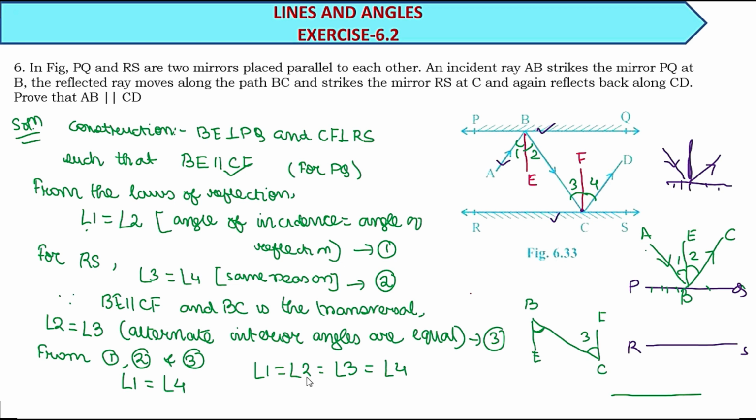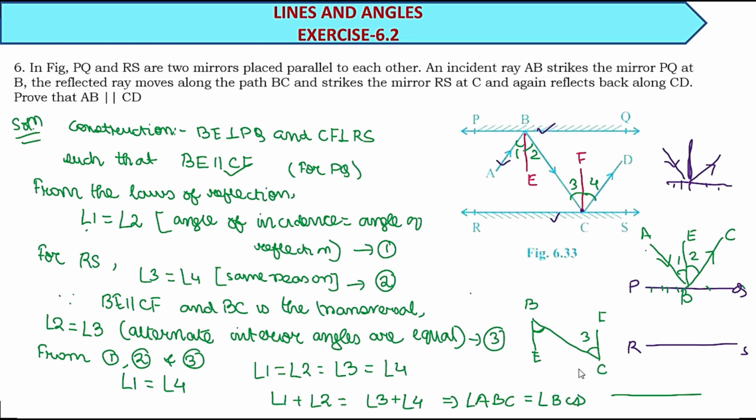From here I can easily write that angle 1 plus angle 2 equals angle 3 plus angle 4. Angle 1 plus angle 2 gives us angle ABC, and angle 3 plus angle 4 gives angle BCD.